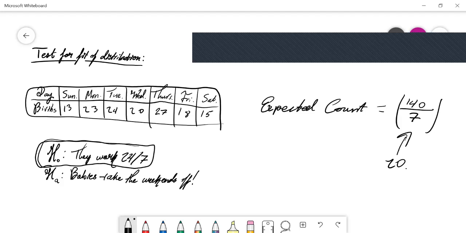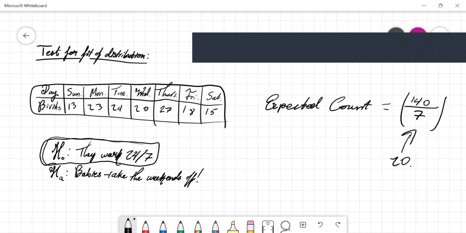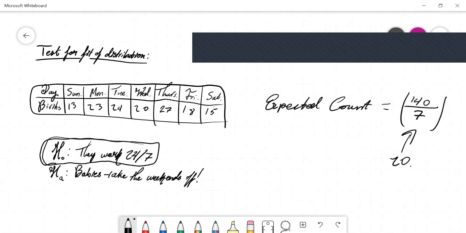And this is just because it worked out in a nice way mathematically for this to be 20. Okay. So what we needed here was the expected counts. That makes them all 20, right? And that's quite nice, so I'm not going to fill in another table.